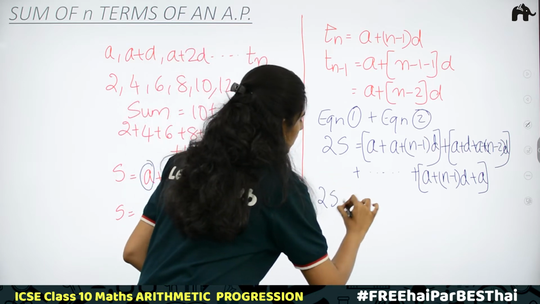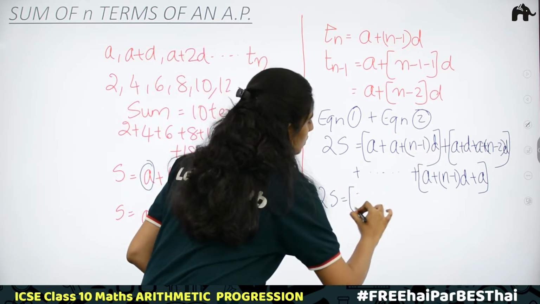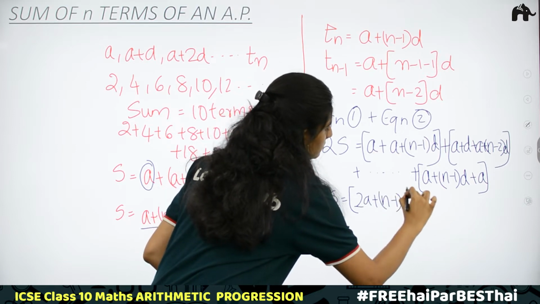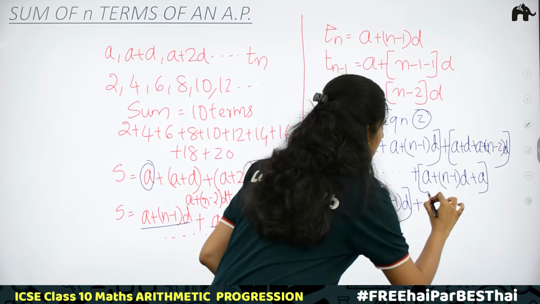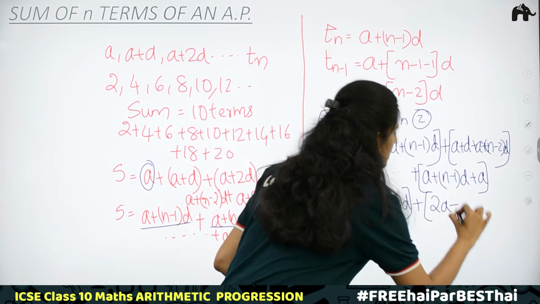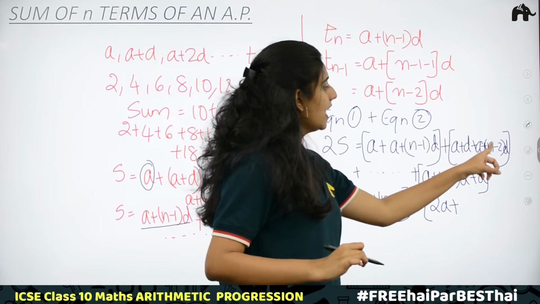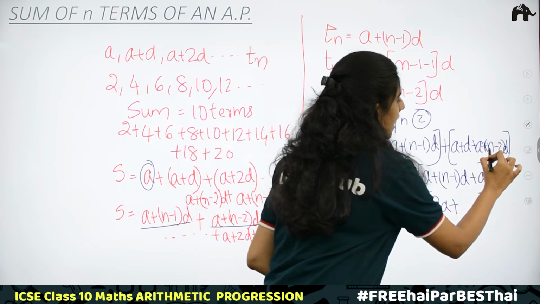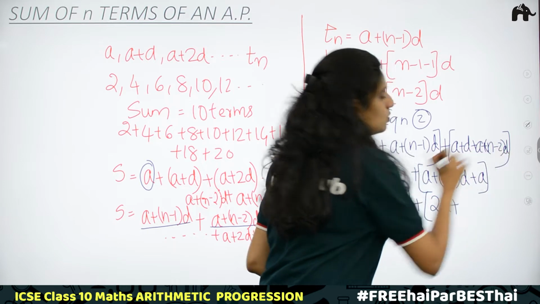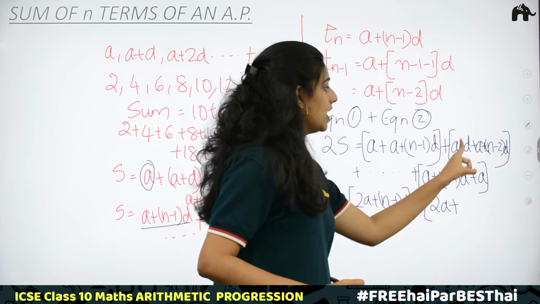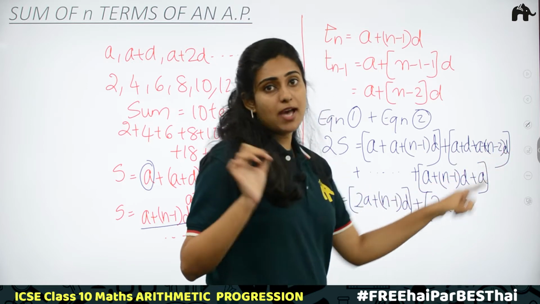2S is equal to, this term becomes 2a plus (n minus 1) into d, plus, here again we have a plus a, 2a plus d plus (n minus 2) into d. When you remove the brackets, we get minus 2d. D minus 2d is minus d.